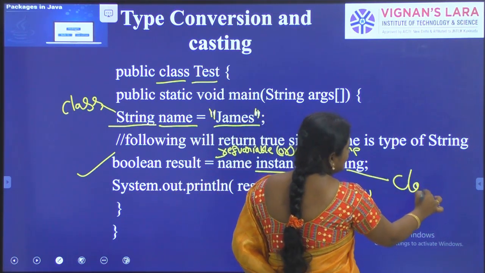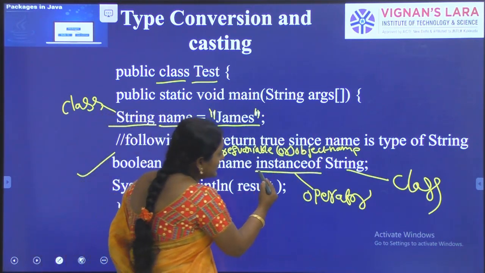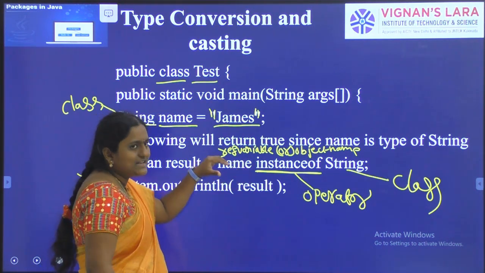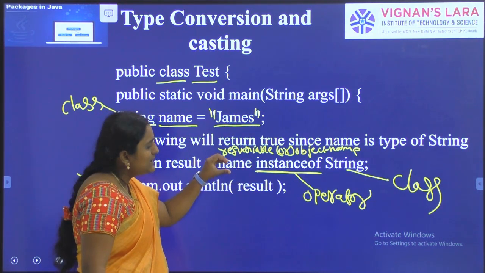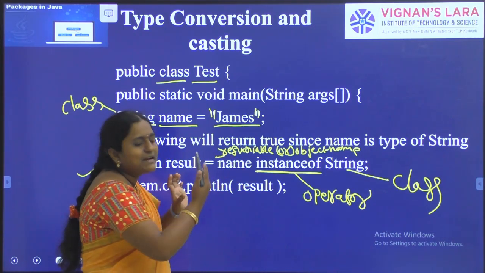What is the importance of the instanceof operator? The left-hand side of the instanceof operator is the object name or reference variable, and the right-hand side is the class.